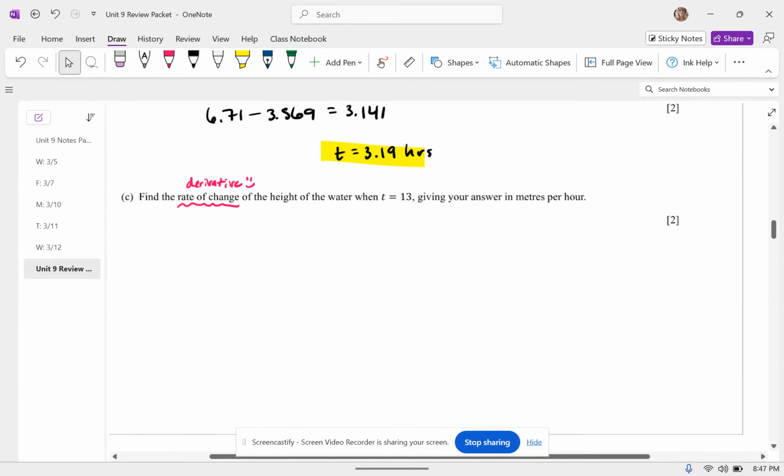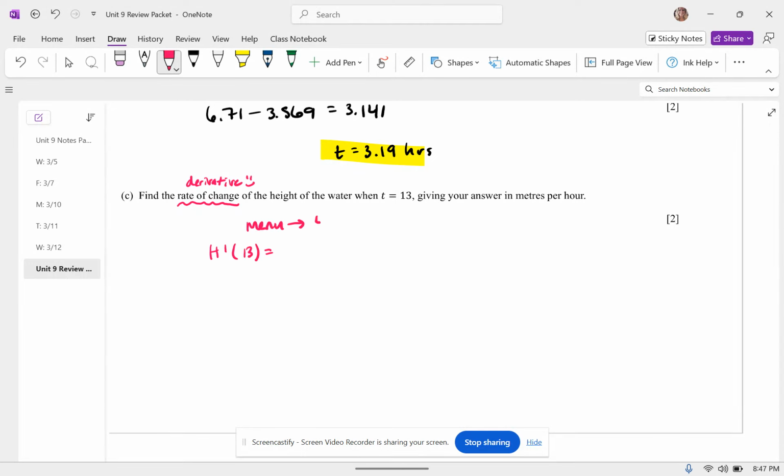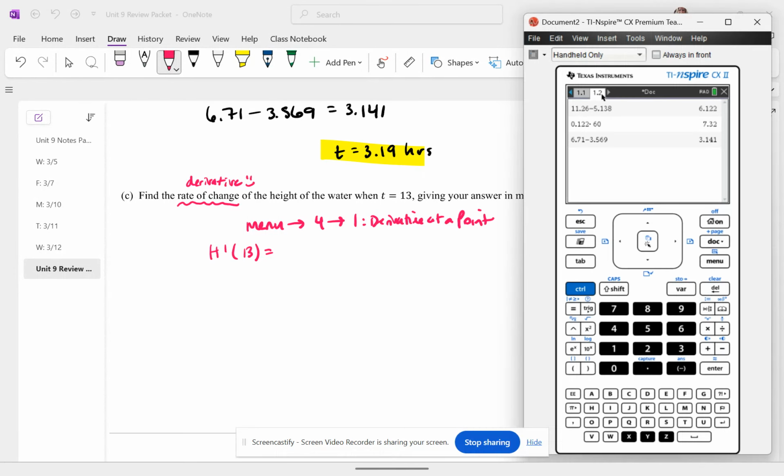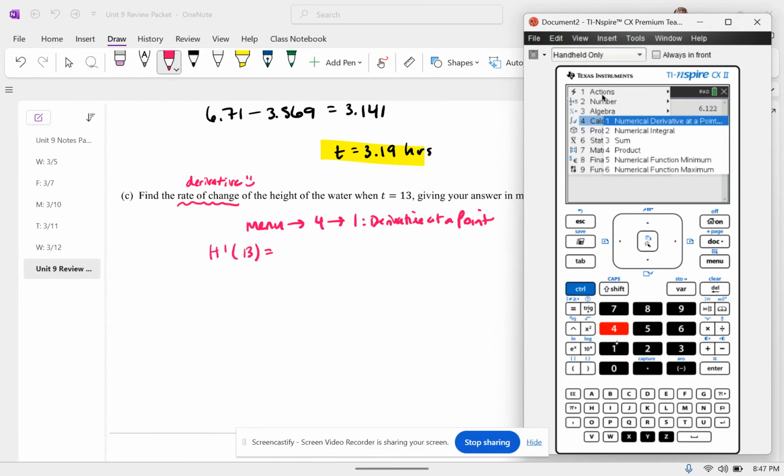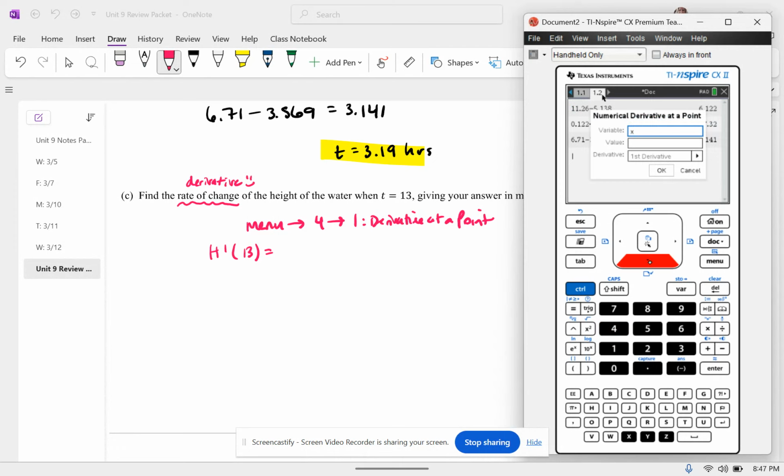Yes, I do. I can do h prime of 3, and I can evaluate this with menu 4, 1, derivative at a point, and see if that gives me the answer that I need.